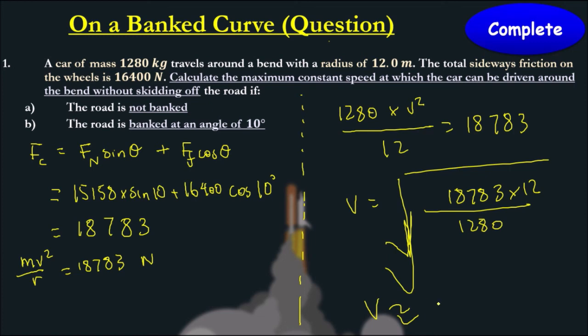And we find the velocity is around about 13.3 meters per second on the banked road. Oh, that took quite a bit of time, but hopefully that gives you a nice explanation of how to solve those kinds of questions.